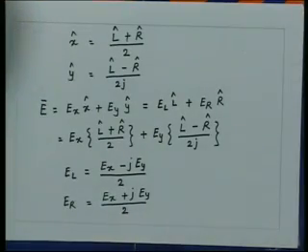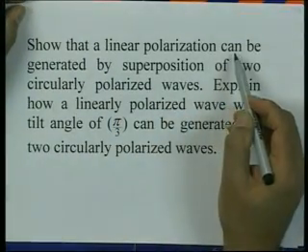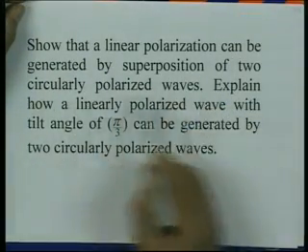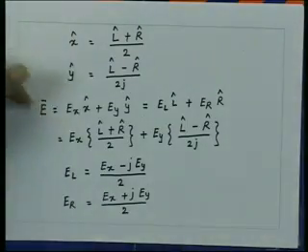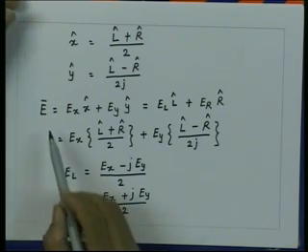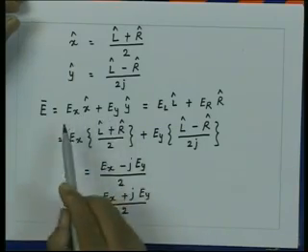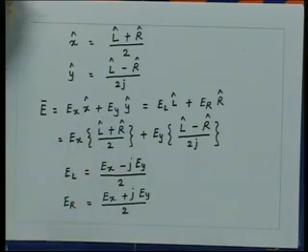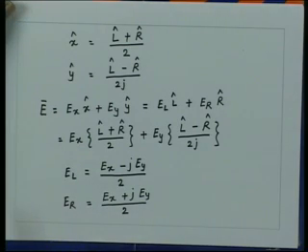Now, the problem is we want to represent a linearly polarized wave by the superposition of the two circularly polarized waves. So, the electric field which we are representing here is linearly polarized, and we know that a linearly polarized wave is generated when Ex and Ey are in phase. There is no phase difference between Ex and Ey.